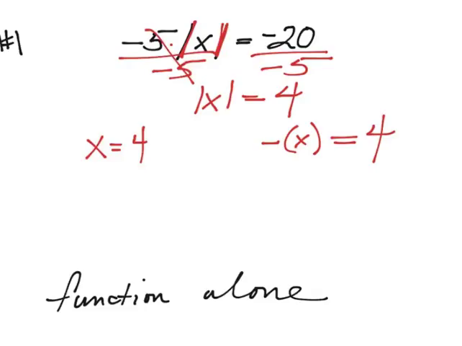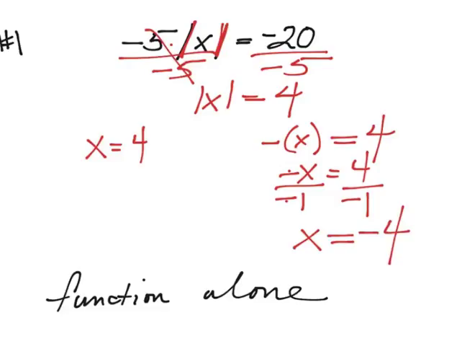Well, this one over here, we don't have to do anything. x equals 4. But this -x equals 4, we have to do something with. So that has to be divided by -1. Because a negative divided by a negative is a positive, x equals -4. And there are my two answers.